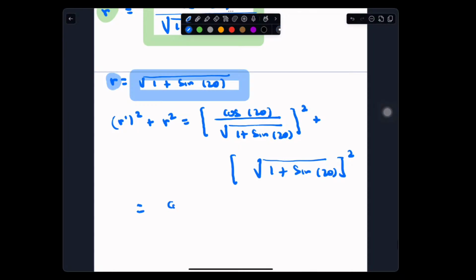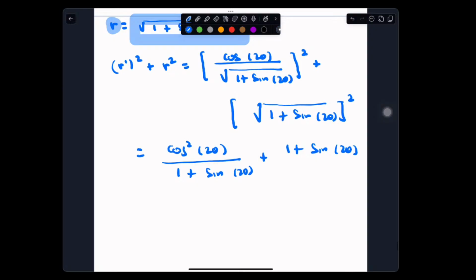So we get cosine squared double theta over 1 plus sine double theta plus 1 plus sine double theta.